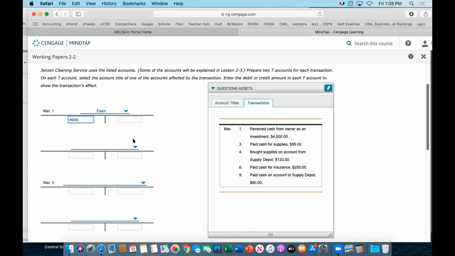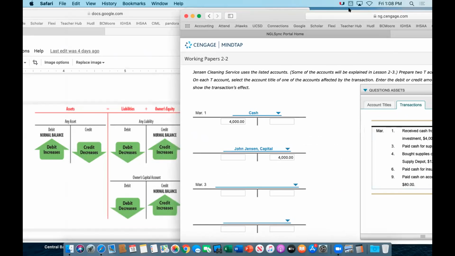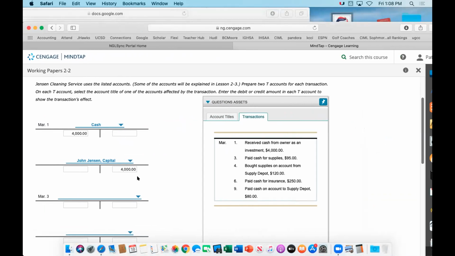Owner's investment is capital. That's his sweat equity, that's his money, that's his investment, that's an increase in capital. I can't remember, look on the sheet. Capital increases with a credit. Cash increases with a debit because it's an asset. Okay?